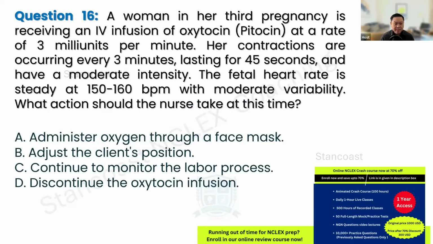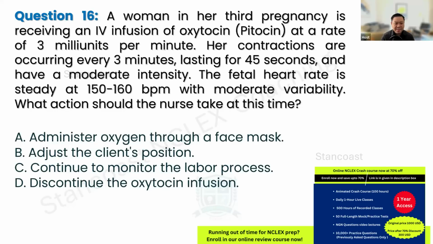Number 16. A woman in her third pregnancy is receiving an IV infusion of oxytocin Pitocin at a rate of 3 milliunits per minute. Her contractions are occurring every 3 minutes, lasting for 45 seconds, and have a moderate intensity.